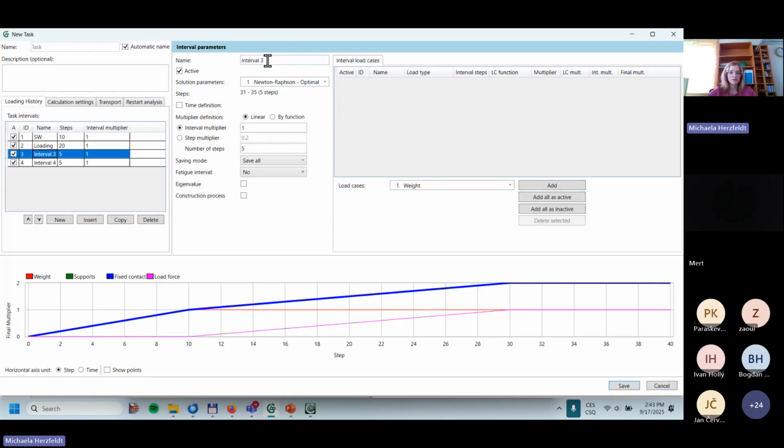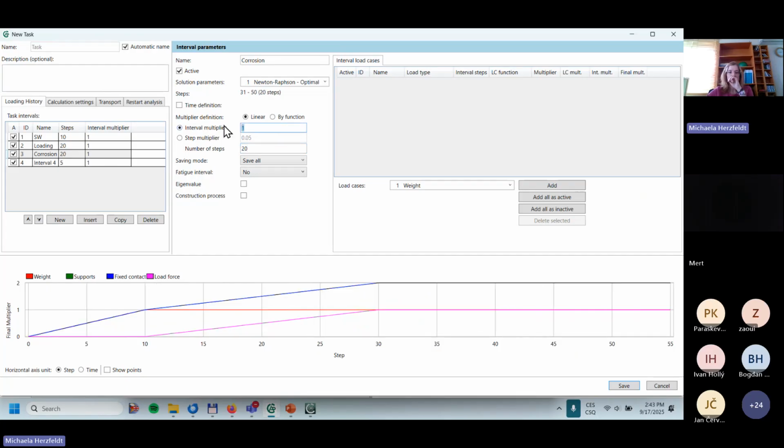Then in the third interval, we apply the corrosion load case. And here comes the assignment of the total condition. We will apply it in 20 steps, and that means the interval multiplier should be 20, while the step multiplier here is 1.